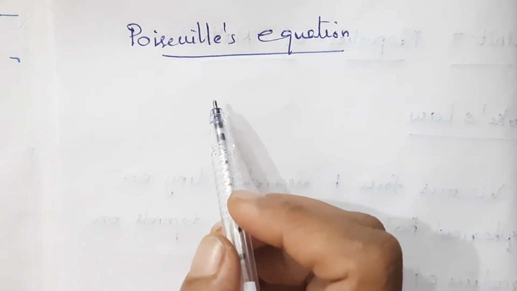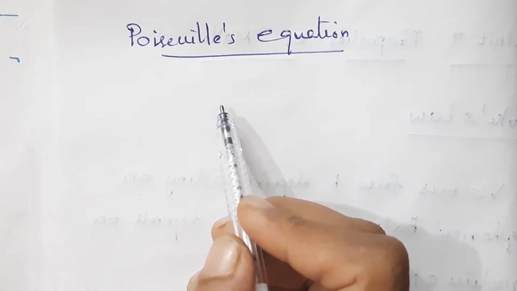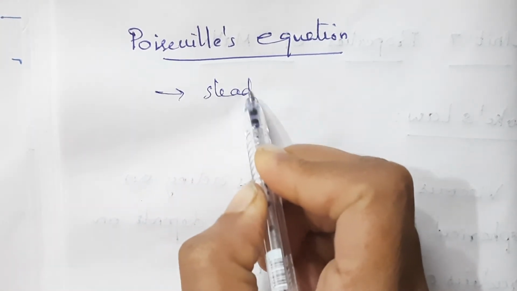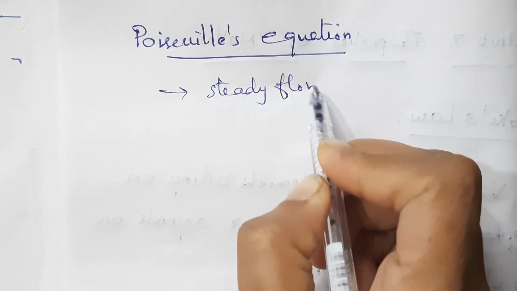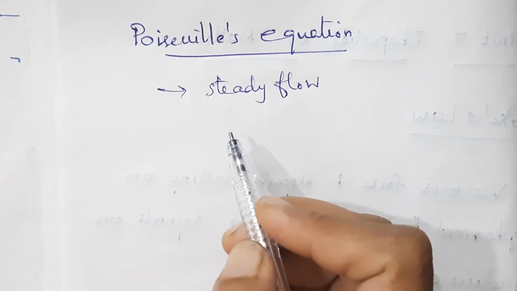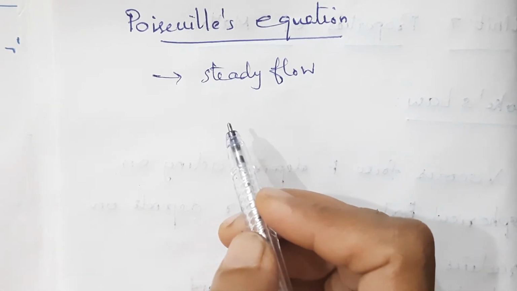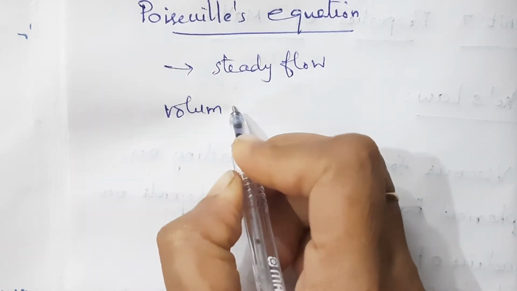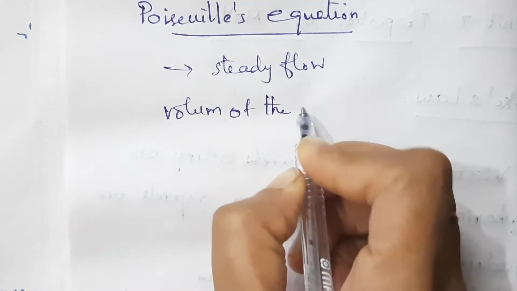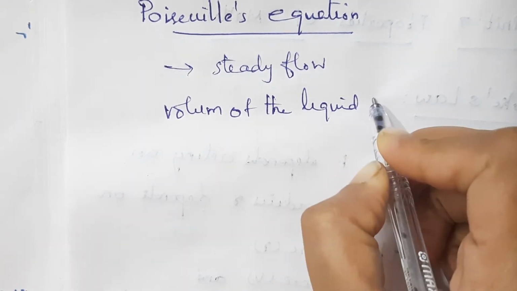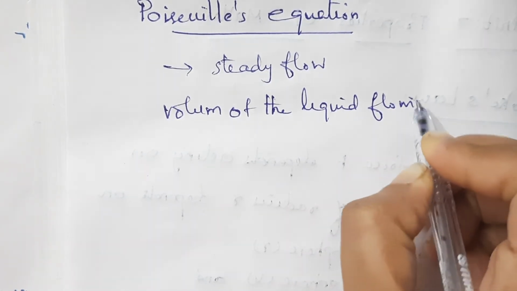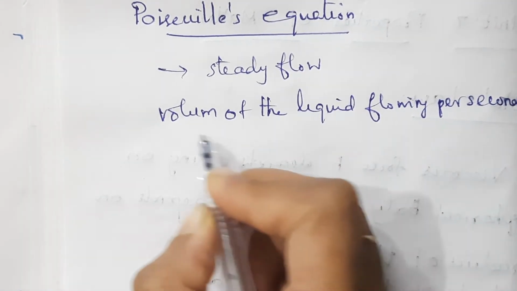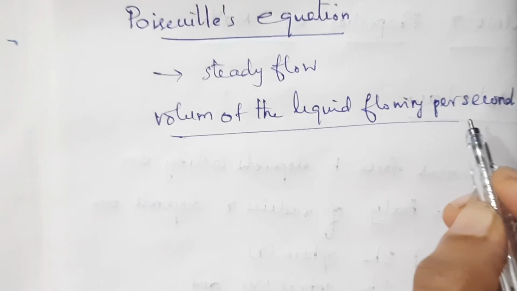Actually, he analyzed the steady flow of liquid through a capillary tube, and he got the expression, the equation for the volume of the liquid flowing per second.